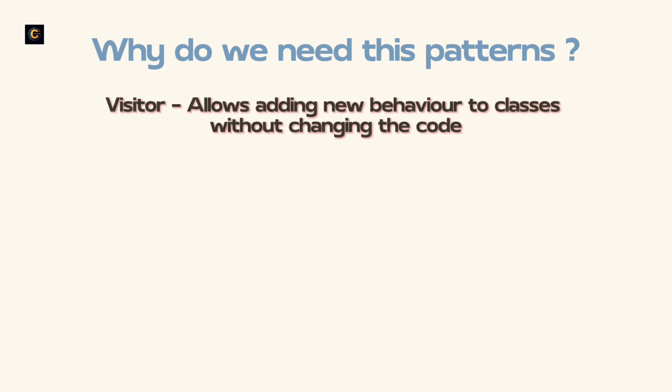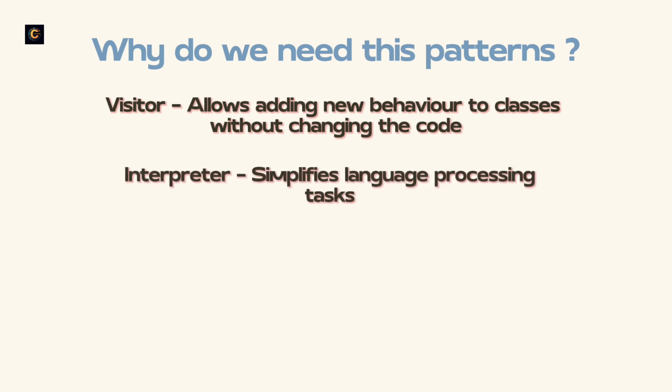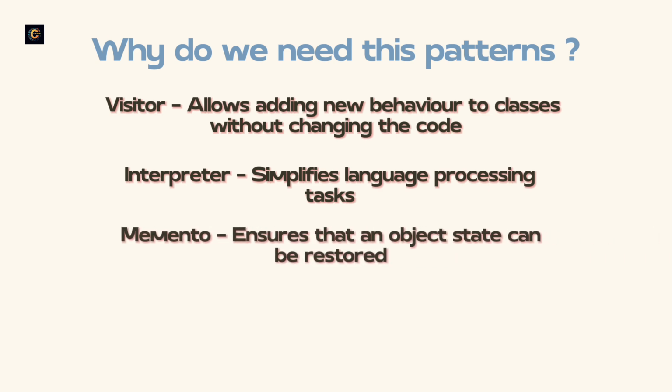So these patterns help us in various scenarios. Visitor makes it easy to add new behaviors to classes without changing the code. Interpreter simplifies language processing tasks, and memento ensures that an object's state can be restored.